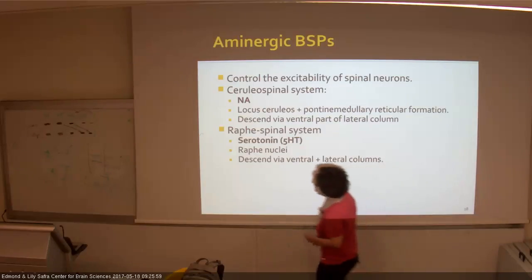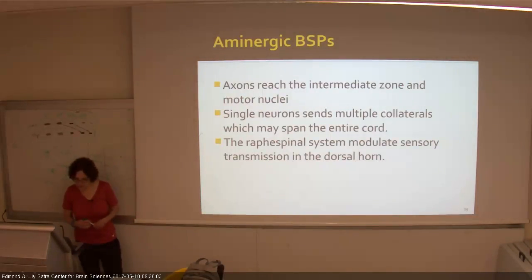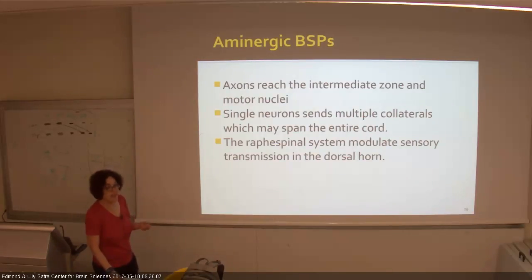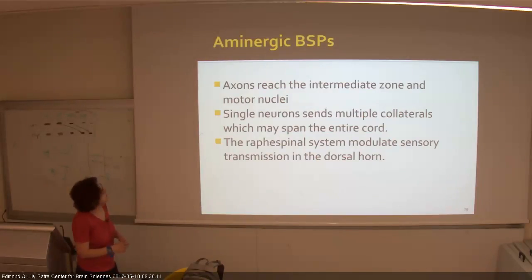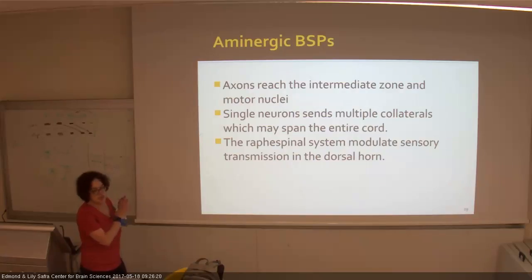Now, serotonin, at least, was shown to have a very important impact on the gain of motor neurons. If you look at the axons of the aminergic system, a single axon can make contact via almost the entire spinal cord. Again, we're talking about a modulatory system that changes the excitability level of the entire spinal cord.